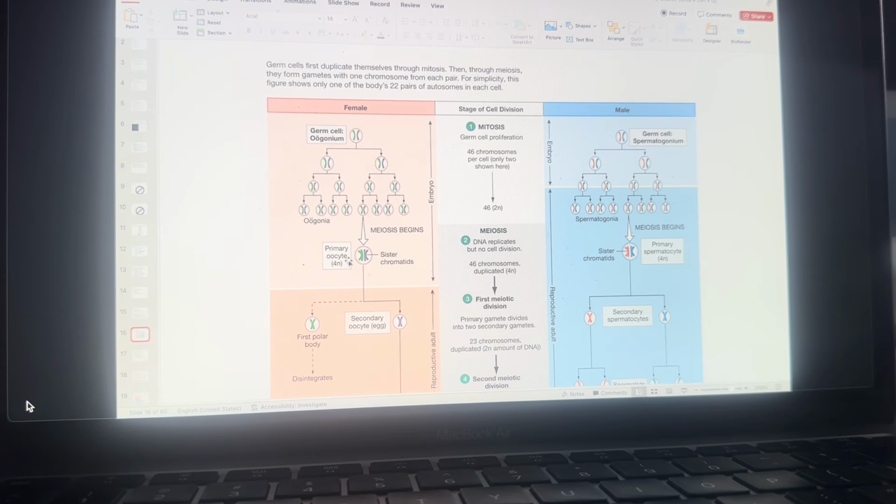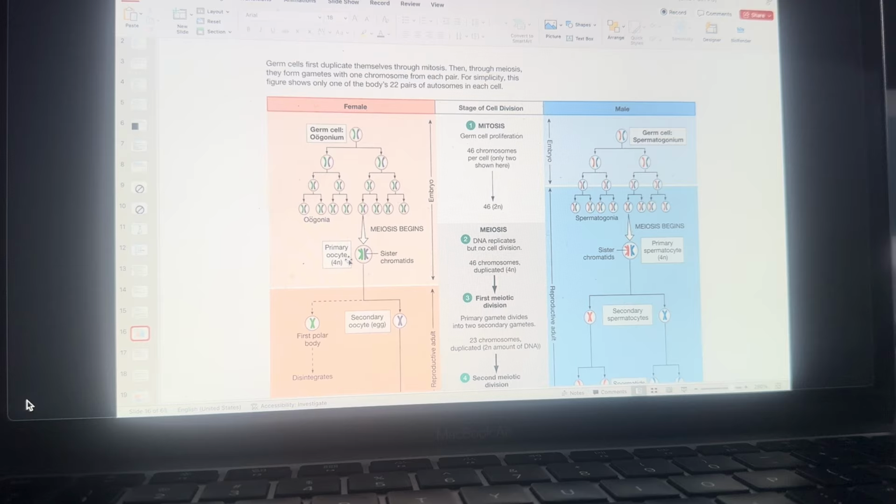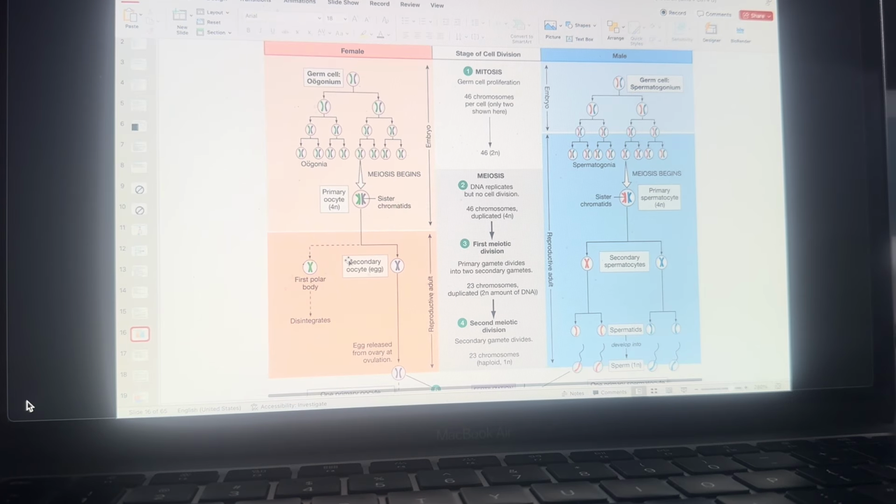You undergo meiosis when you're an embryo, and by the time you're born, those eggs are ready to go. Their DNA has already been shuffled around to give you different types of gene orientations, and they're just waiting for the reproductive age to start releasing those eggs.